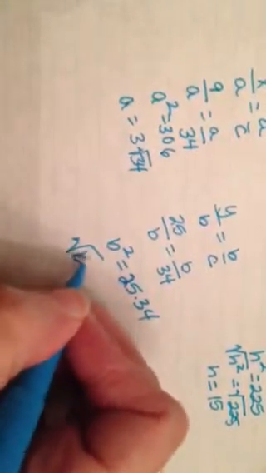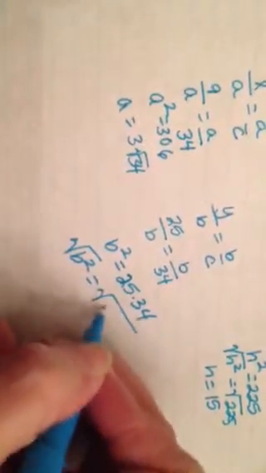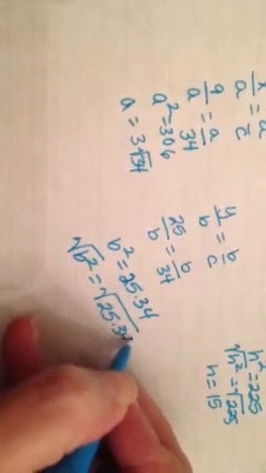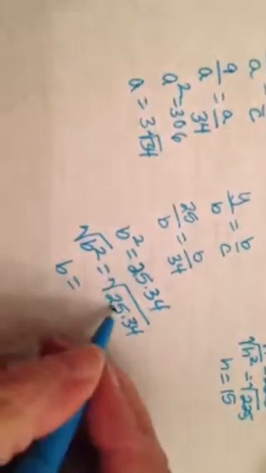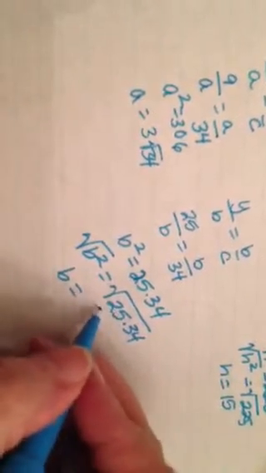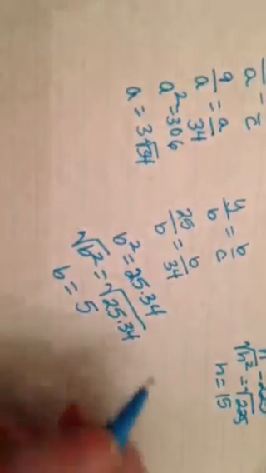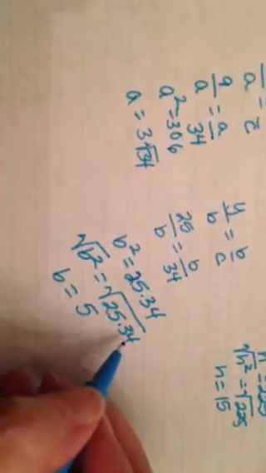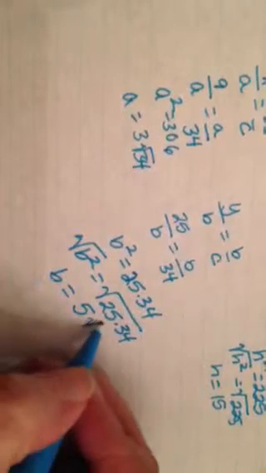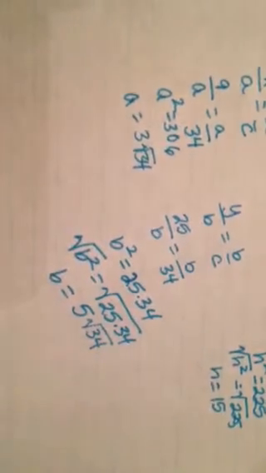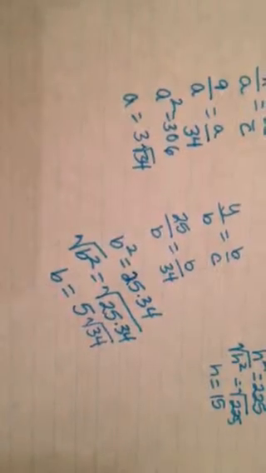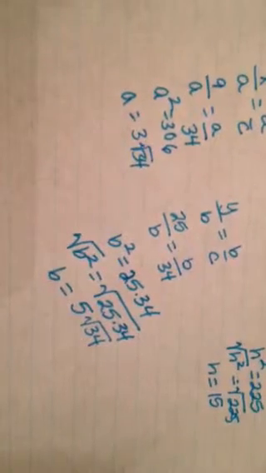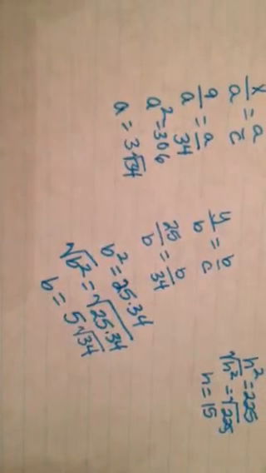I could take the square root of B squared and the square root of 25 times 34. And the square root of 25 is what? You're right, 5. Can I take the square root of 34? I cannot. So I can leave it just like this, and that answer is perfectly fine. All right, so now you have your assignment. Get on it.